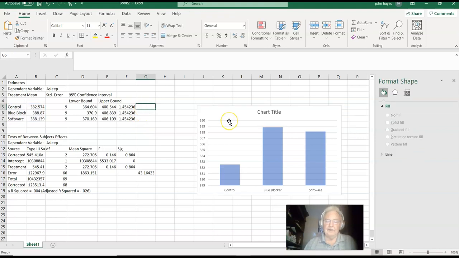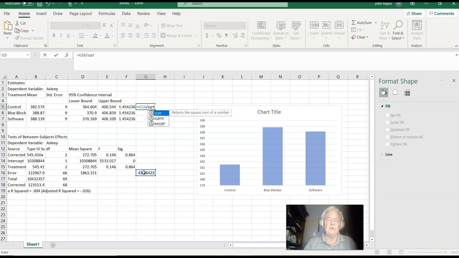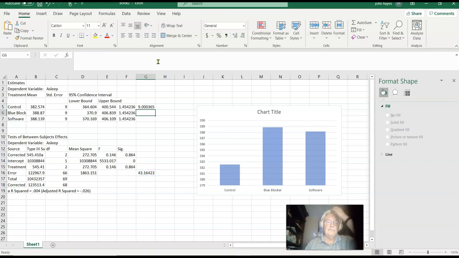And the standard error equals the standard deviation divided by the square root of n, in this case 23. And so we get 9, come down.